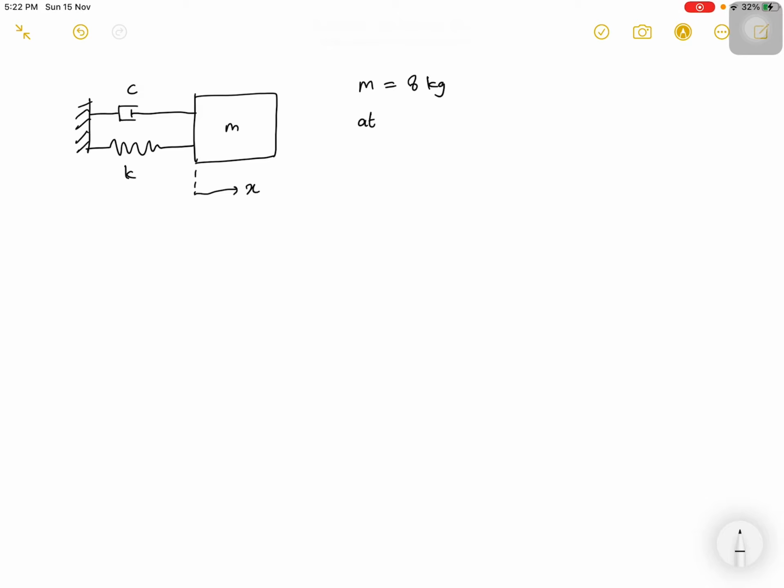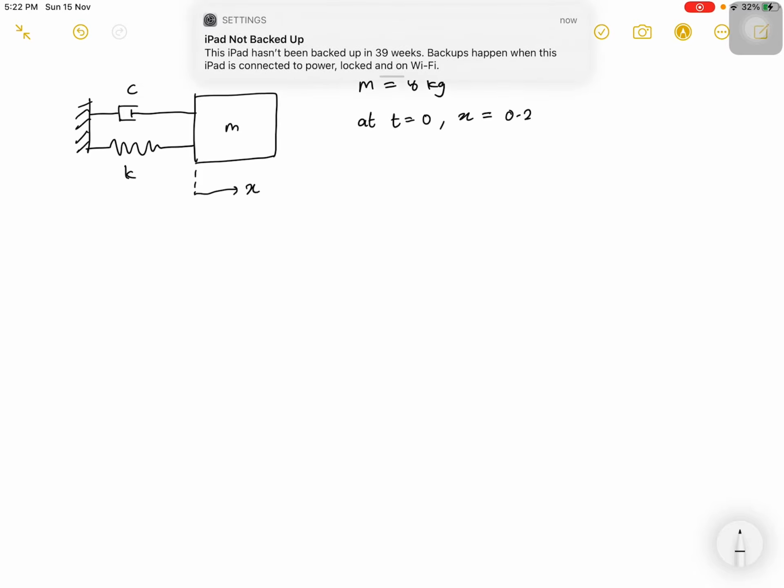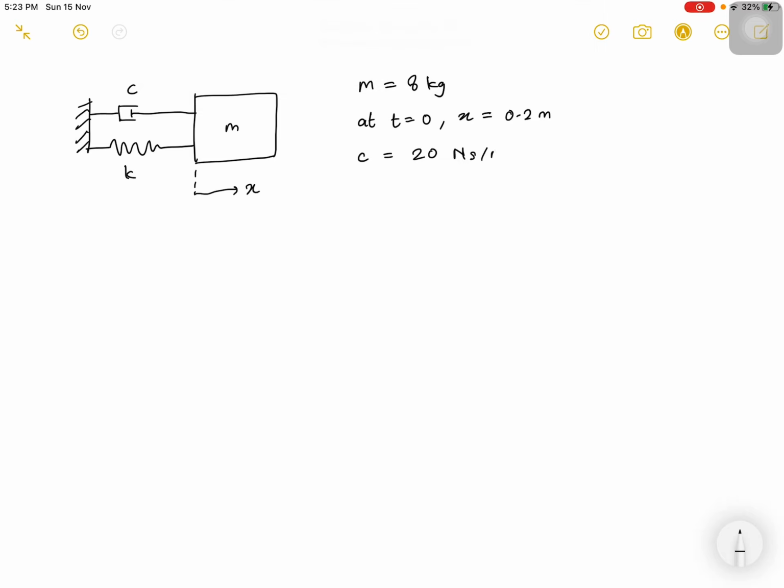So it's given that at time equal to 0, we just jot down every piece of information given from the question. At time equal to 0, we have a displacement of 0.2 meter. We have a coefficient of damping equal to 20 Newton second per meter.